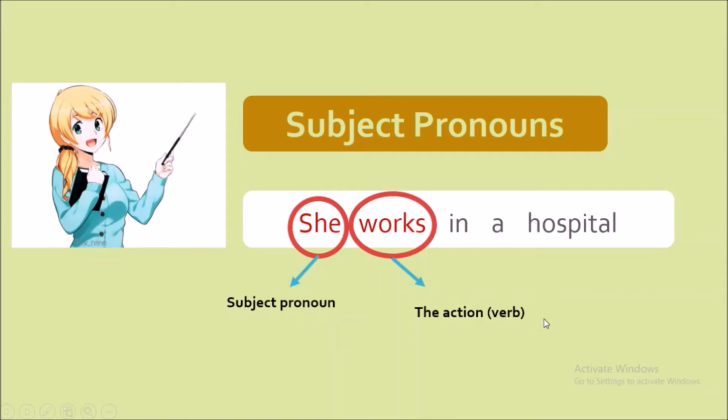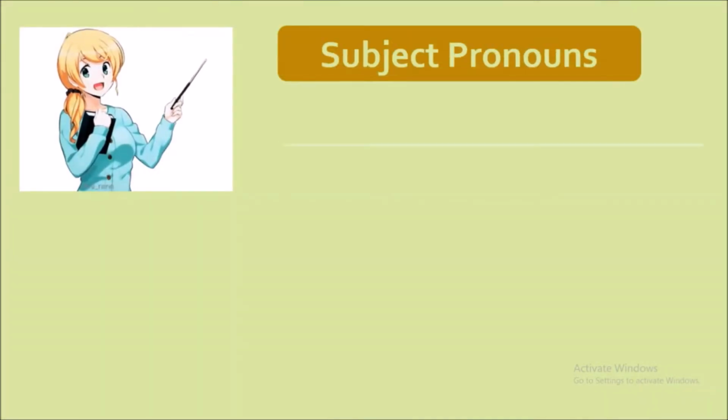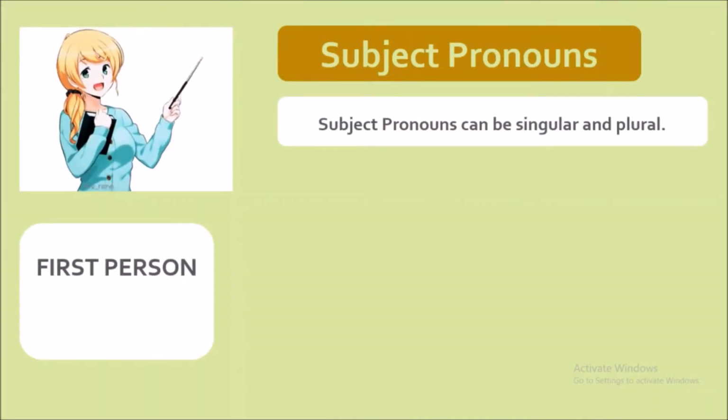The subject or subject pronoun is always a person, thing, place, or idea, or the plural of one of those. The object or object pronoun is always on the receiving end of the action. Subject pronouns can be singular or plural.